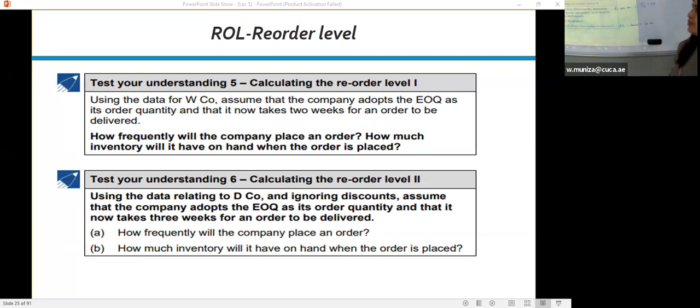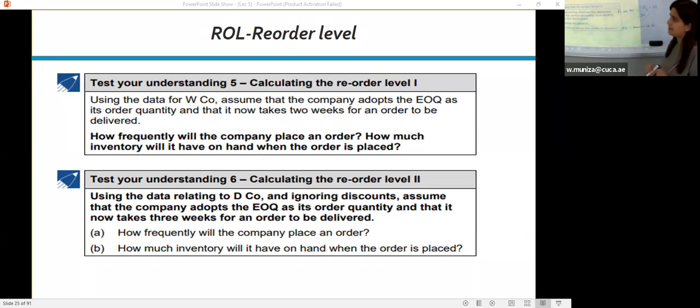So read the scenario using the data for W company. Okay, we have done the question for W company. Assume that the company adopts EOQ as its order quantity, and that it now takes 2 weeks for an order to be delivered. How frequently will the company place an order? So what was the order quantity? EOQ was 3162.